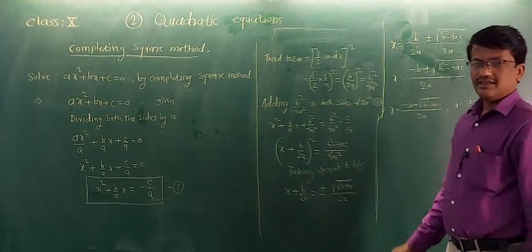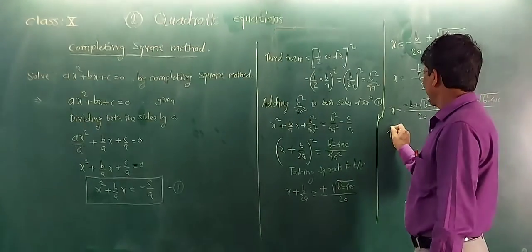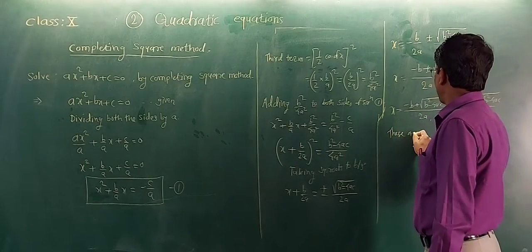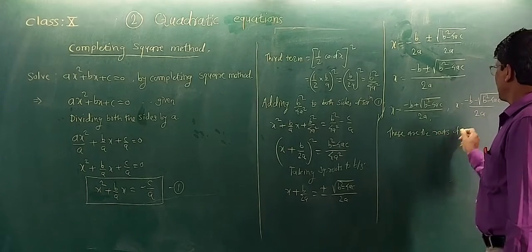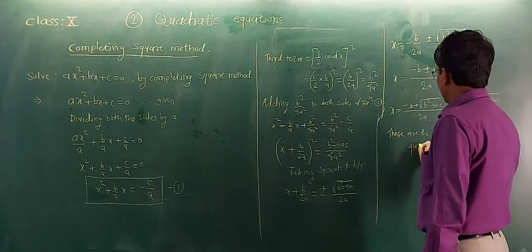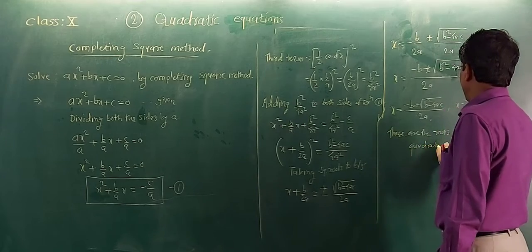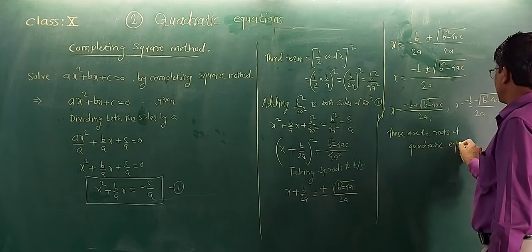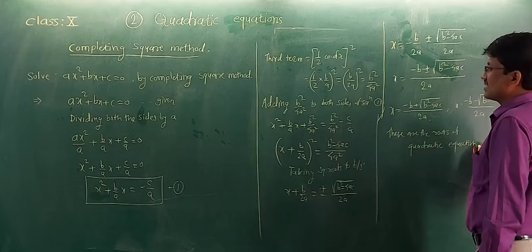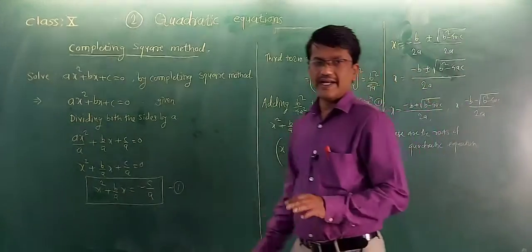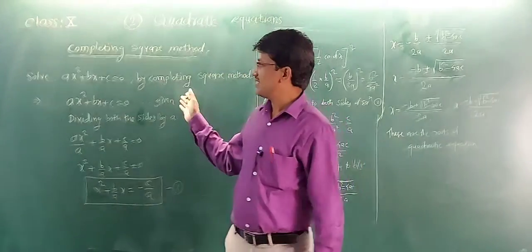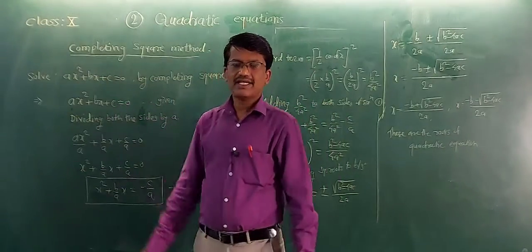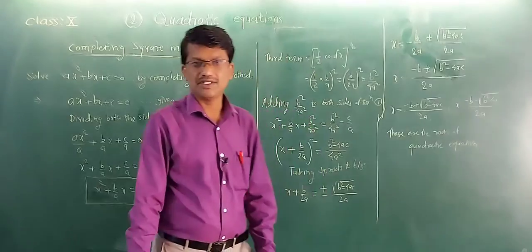These are the roots of the quadratic equation. This example is the formula of the standard form ax square plus bx plus c equal to 0.